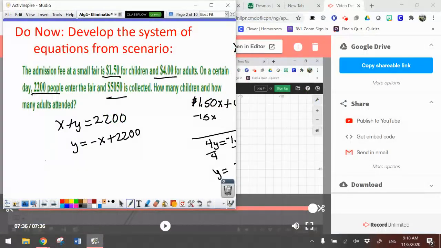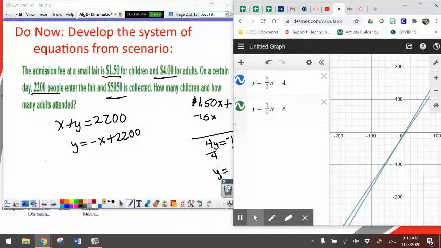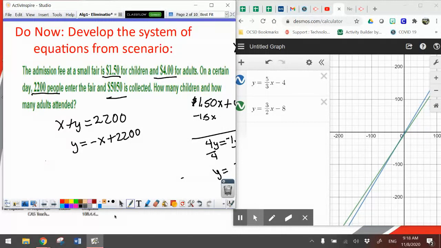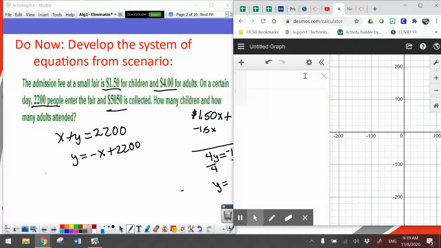Okay, so I'm going to go ahead and pull up my Desmos graphing here. And let's pull in these equations. All right, so my first equation was y equals negative x plus 220.